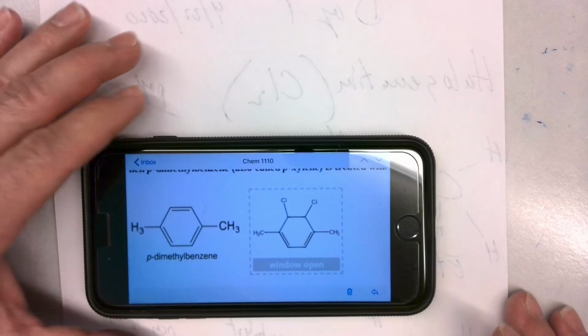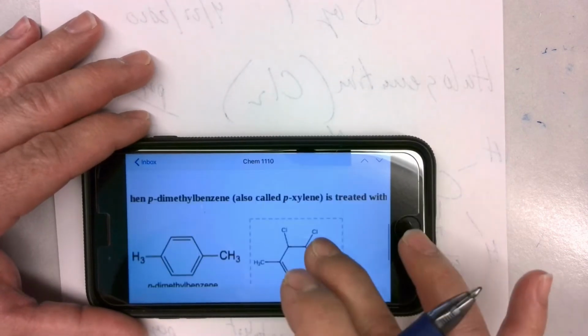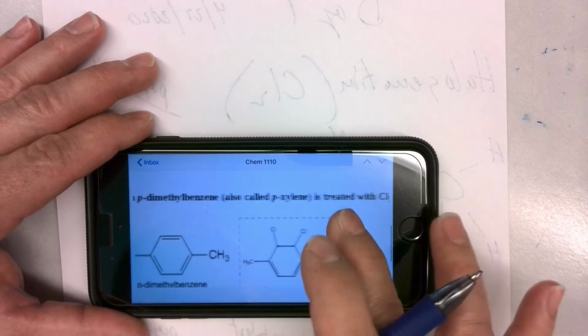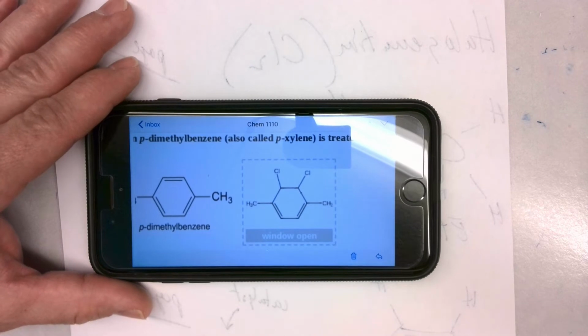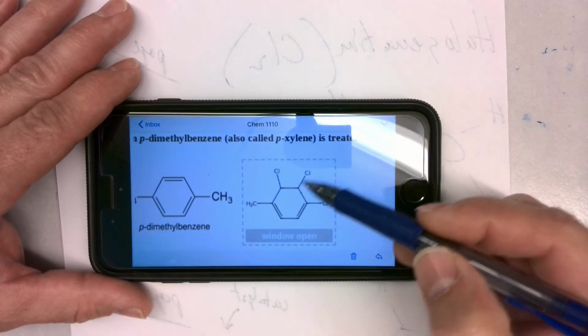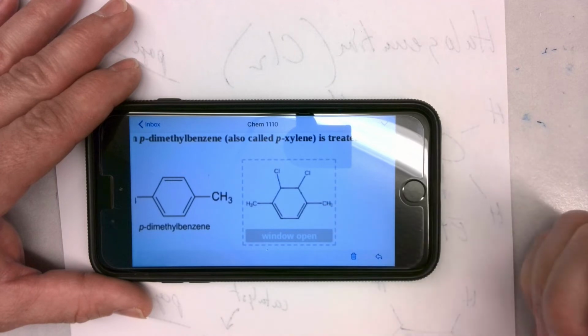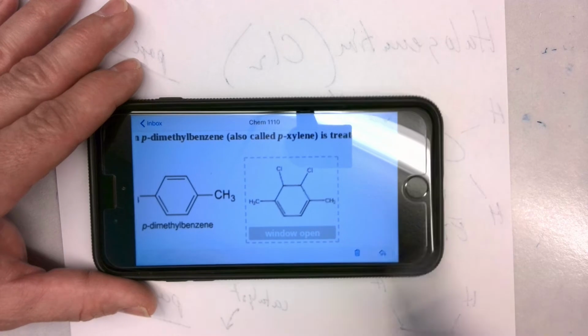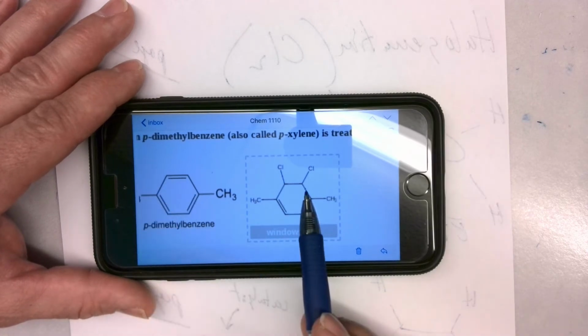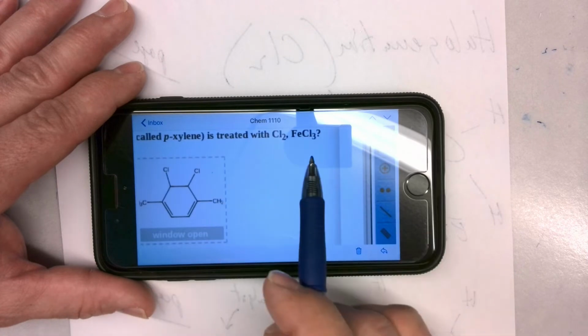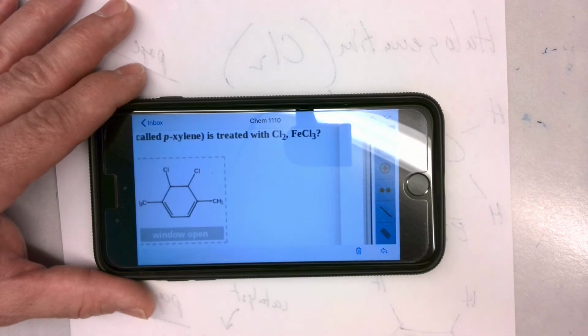Okay, so that's the question I just answered, correct? I'm going to guess it's just 1 Cl, doesn't matter where you put it. That's pretty much word for word, right? I mean, granted, this is different, but I still got a benzene ring, adding Cl2, and FeCl3, right?